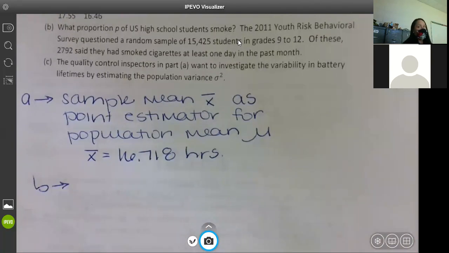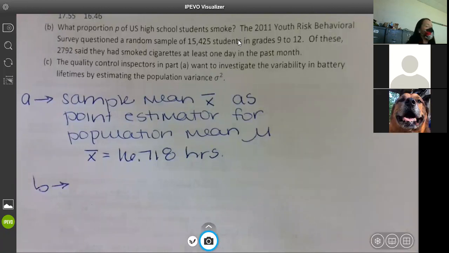So what would we use? This one's not mean. What is this one? It doesn't give us a mean. What does it give us? Is it asking for the mean? Think about the things that we've been doing. Do we use the mean? What do they give us? Thank you, the proportion.